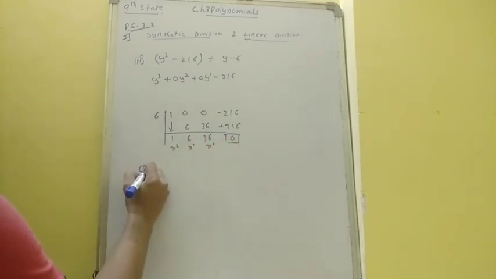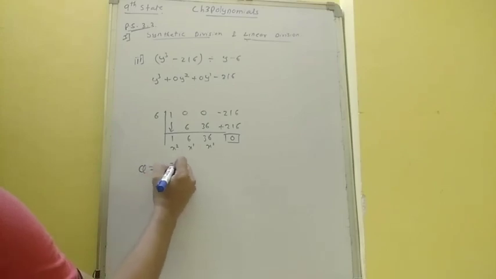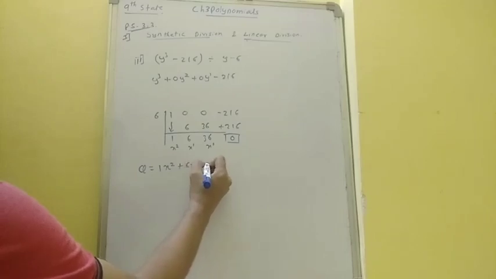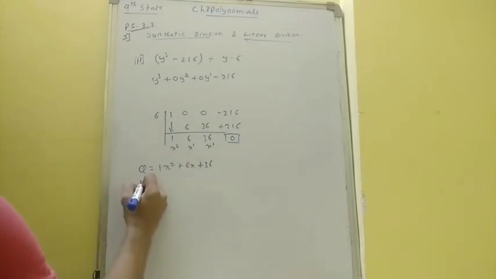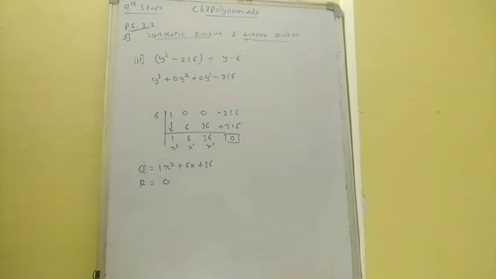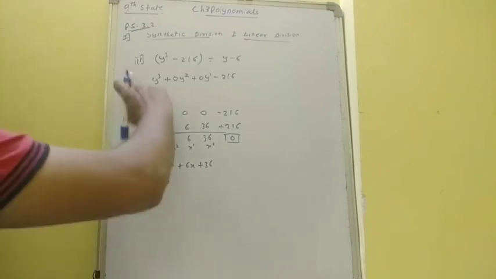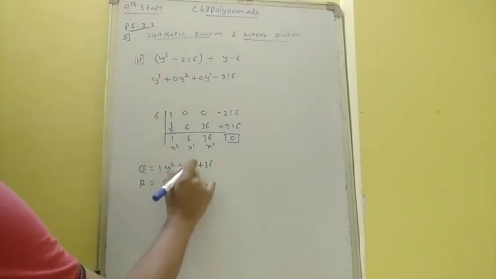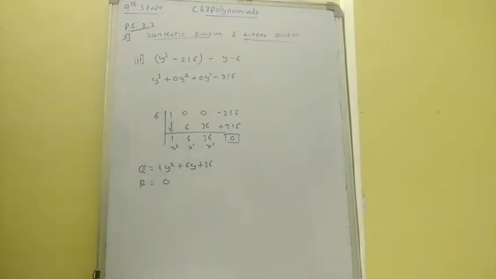So the quotient will be 1x raised to 2 plus 6x plus 36, and the remainder is 0. In the given question the variable was y, so the answer will be y square plus 6y plus 36. The rest everything is same.